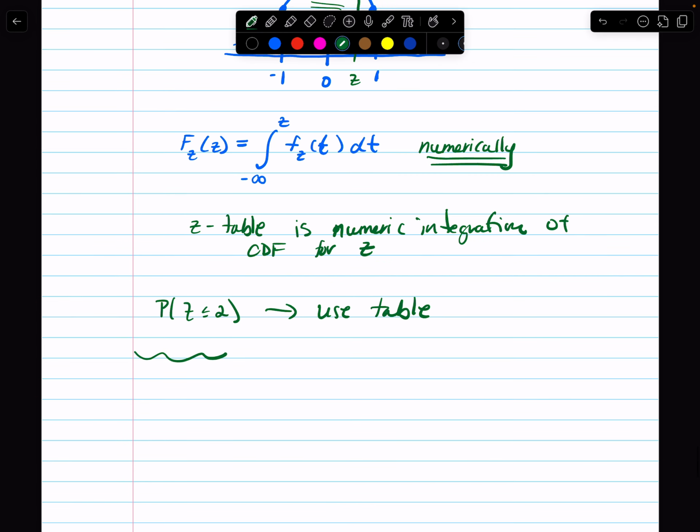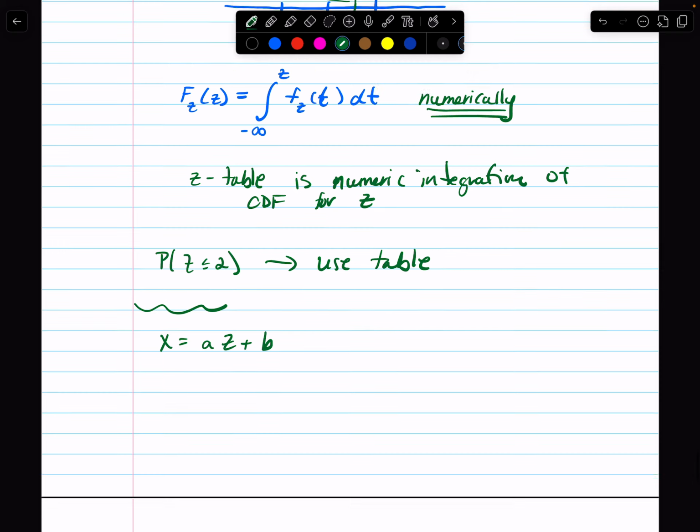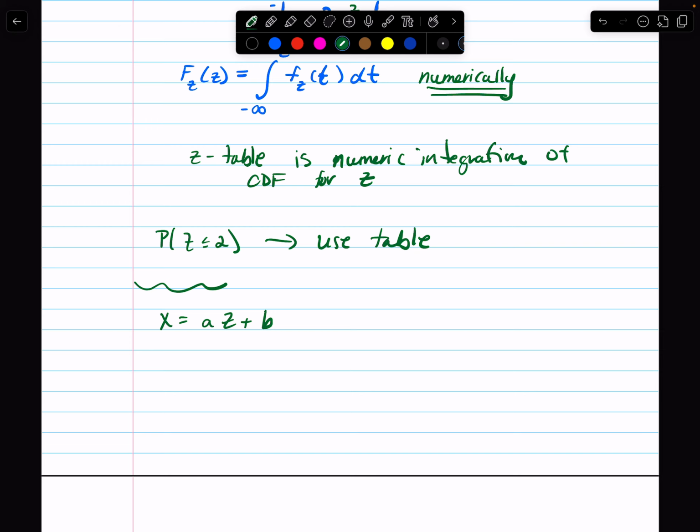Now consider X to be some linear transformation of the standard normal, so aZ plus b. Let's notice some things. Whatever this random variable is, I don't know how it's distributed, but it has mean, we'll say, mu sub X, and variance sigma sub X squared.